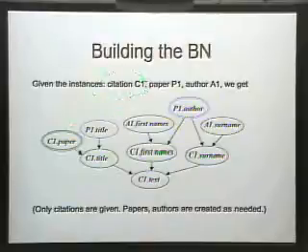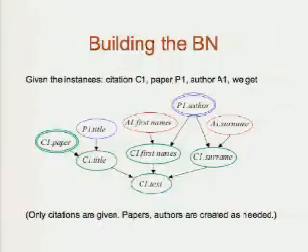So this is an example for a very simple situation where you have one citation, one paper, and one author. You just follow these red links that I showed here to figure out where the probabilistic dependencies go. You basically just make a little node for each attribute of each instance, and then you follow these red links. So you see, it's all pretty obvious, right? The text of the citation is dependent, made out of, modulo some mix-ups, the citation title, the first names and surnames of the author.